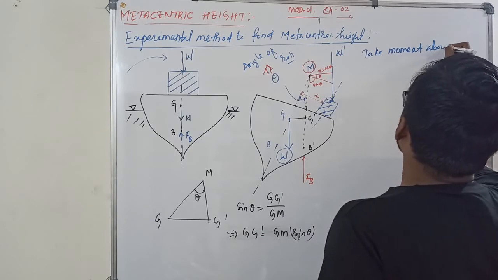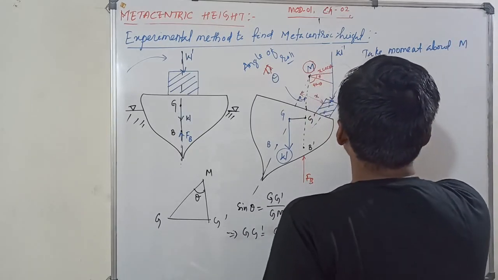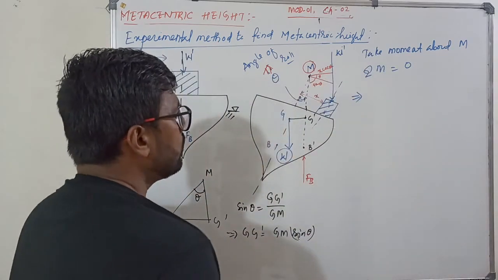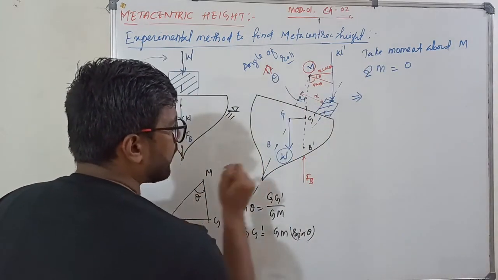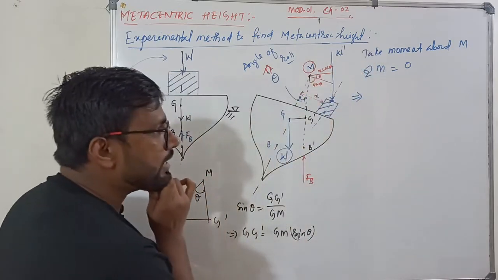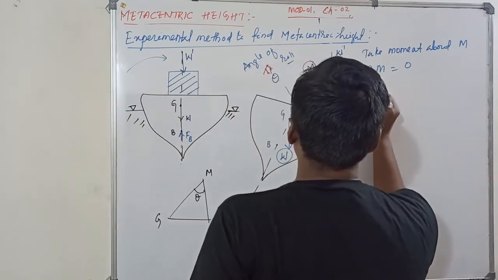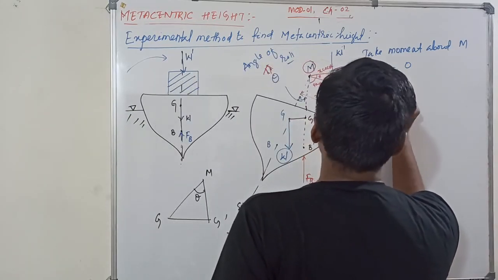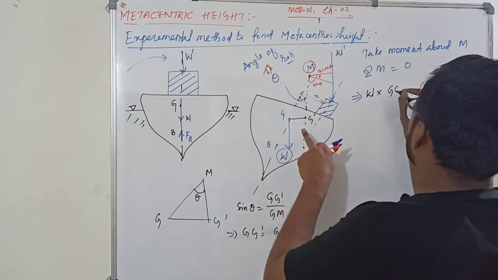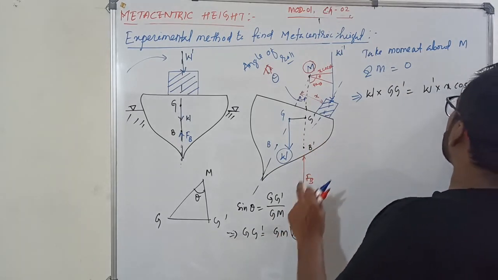Now take moment about M. Summation of moment about M equal to 0. What you got, sir? I can see two moments. One is W into GG prime, another one is W dash into x cos theta. Correct? Very good. Write it. So W into GG dash is equal to W prime multiplied by x cos theta.